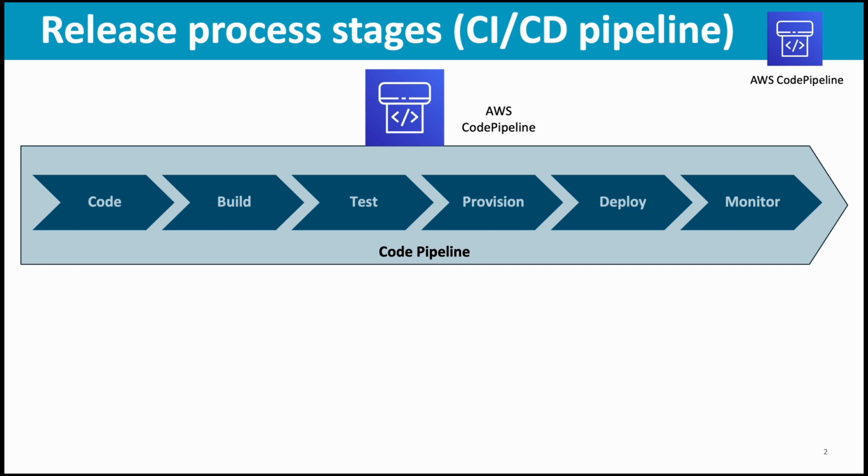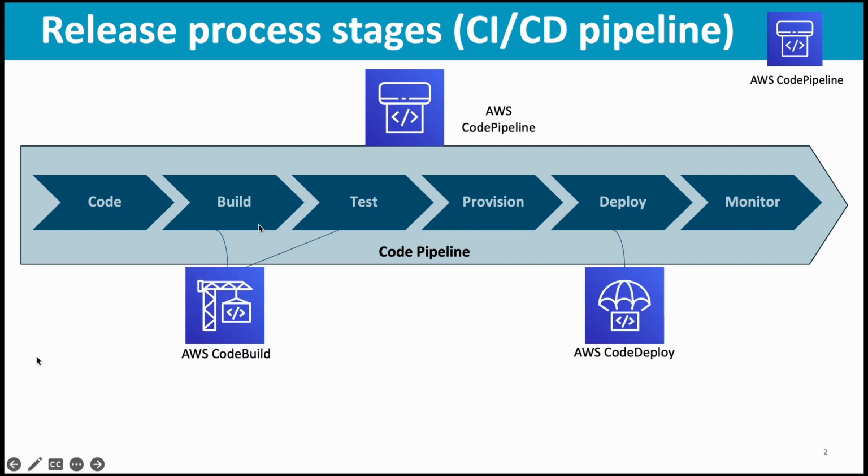Actually, CodePipeline orchestrates the complete end-to-end SDLC lifecycle of your code, right from your code getting submitted into a repository such as CodeCommit, and then it is getting built by a tool such as CodeBuild, and you do the testing, then you provision using Terraform or CloudFormation, then you deploy your package into various machines or containers using CodeDeploy, and then you will monitor your applications. So CodePipeline is a tool which can orchestrate various tools which work in each of the SDLC phases.